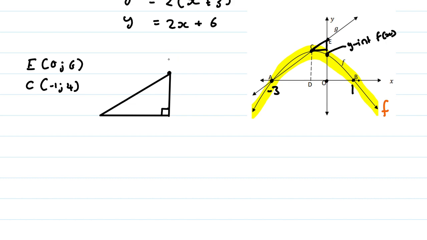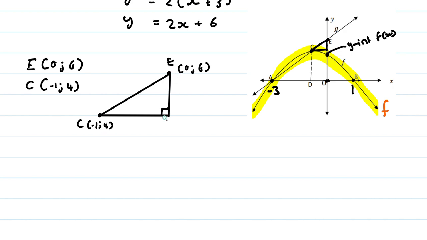So we have E and we have C. We know the value from 0 to E, which is 6, and we also have -1 and 4 over there.